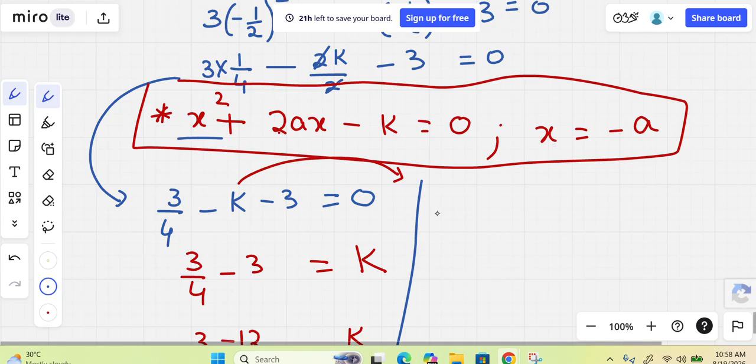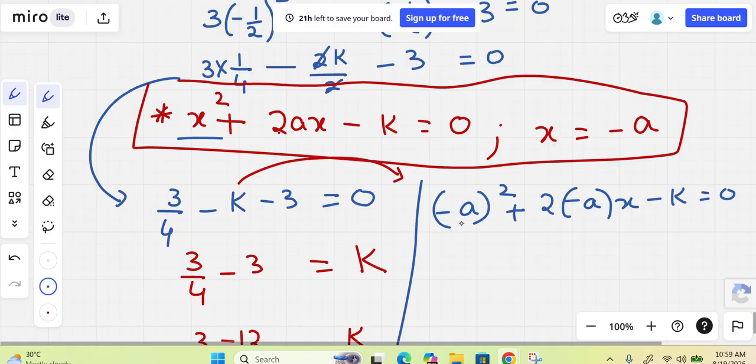x square is minus a square plus 2 into minus a. Always put the negatives in brackets so that you don't get confused with the sign. Minus a whole square will become a square, and this will become minus 2, and this is also minus a.